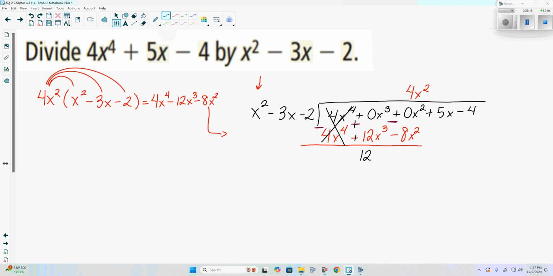So 0 plus 12x cubed will be 12x cubed. 0x squared minus negative 8x squared. The negative and negative again will make a plus, giving us plus 8x squared. And we bring down our next term, our plus 5x. Questions on this here?